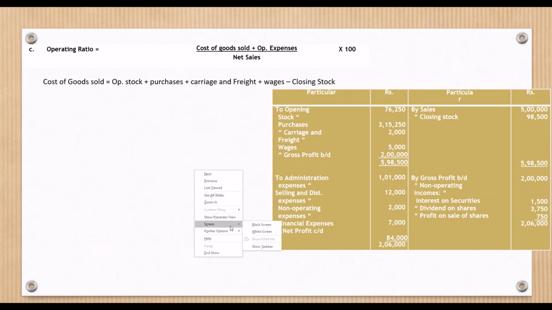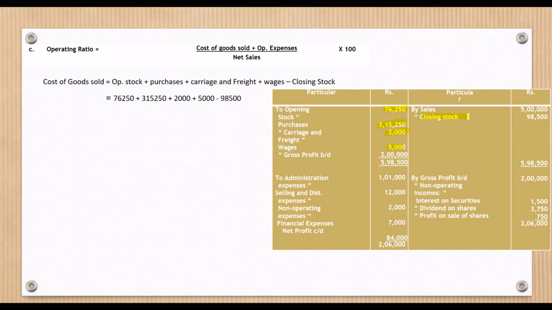See, here we have four items related to the expenses. If we add all these four items, and from these if we deduct the closing stock, we'll get the cost of goods sold.